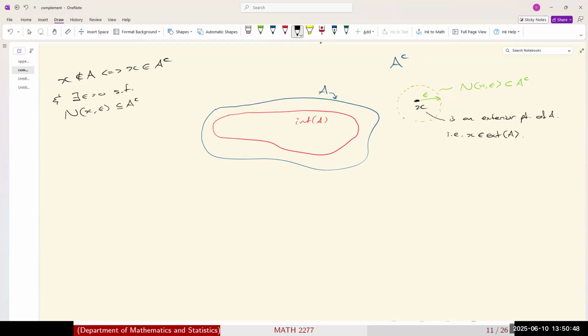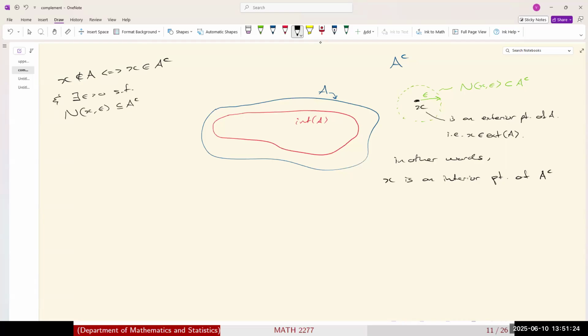But if you understand the definition of an interior point very well, then you can see that this is just saying, in other words, X is an interior point of which set? Of the complement. X is an interior point of the complement set, because the complement of a set is a set.